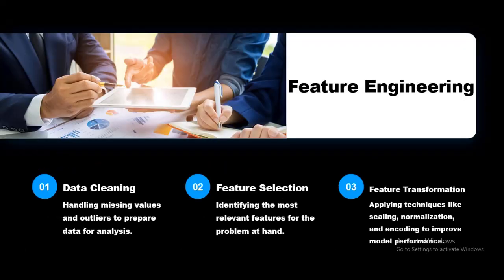Then we also have feature engineering. Remember that I was mentioning that feature engineering has to do with changing your data into formats where, for example, you have true or false, you change them to zeros and ones, and you basically manipulate your data so as to get the results that you want and also improve your model performance.